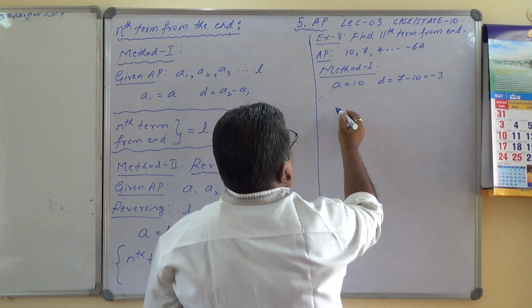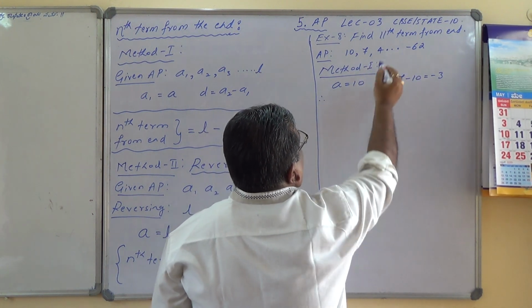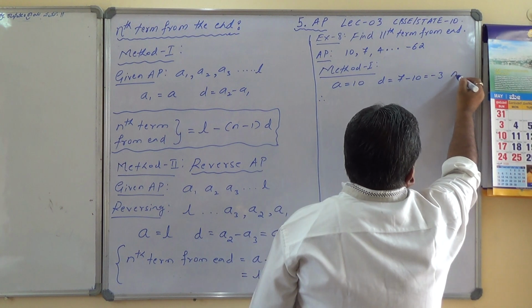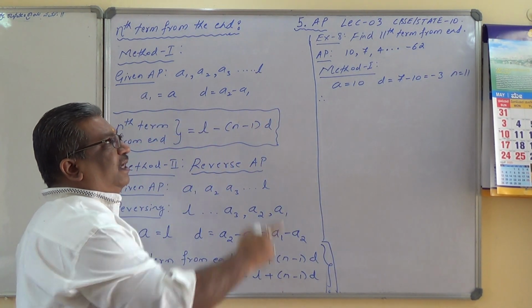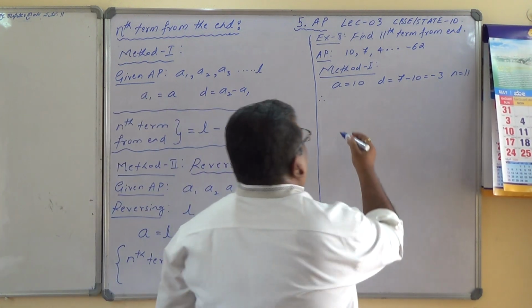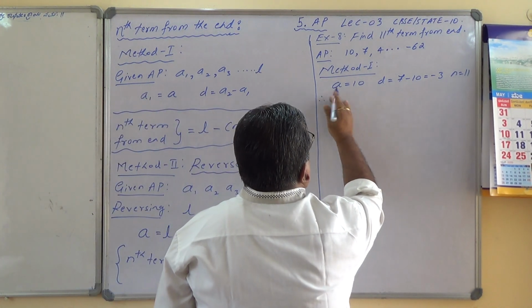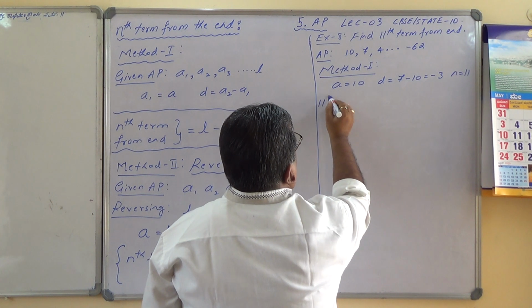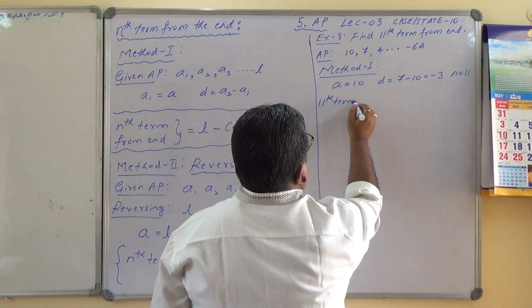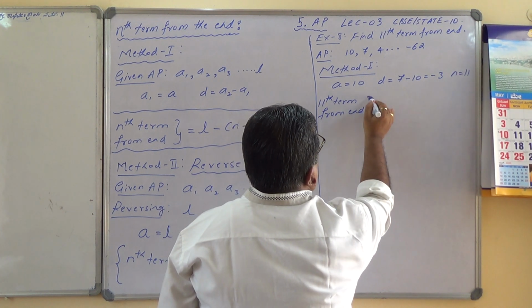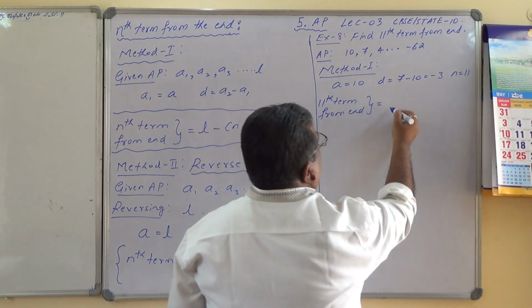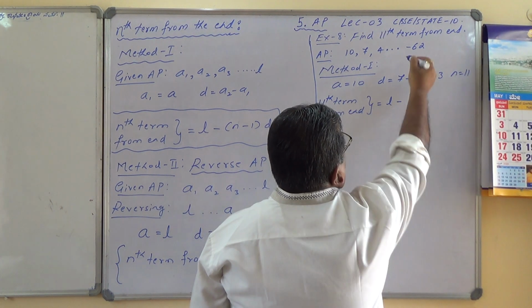And therefore, 11th term from the end means n equals 11. Is it clear or not? 11th term from the end means n equals 11. And therefore 11th term from end equals L minus, L also I should find out.